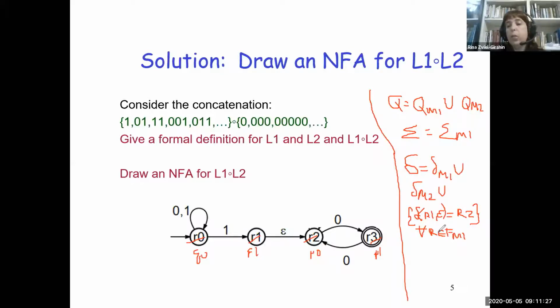So for each state that belongs to F of M1, you will define this transition. But in our solution, I don't have to write it because here we have a concrete solution, not an abstract solution. We have a concrete automaton.